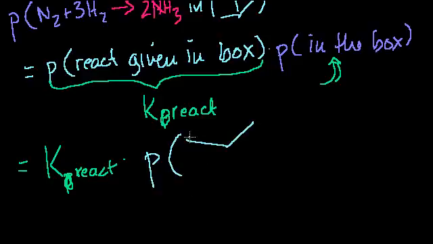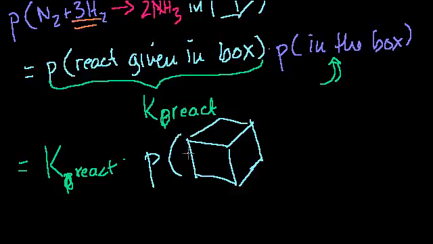Let me draw the box. We want to know the probability where this box is just some volume that I have 3 hydrogen molecules, so 1, 2, 3, and 1 nitrogen molecule.